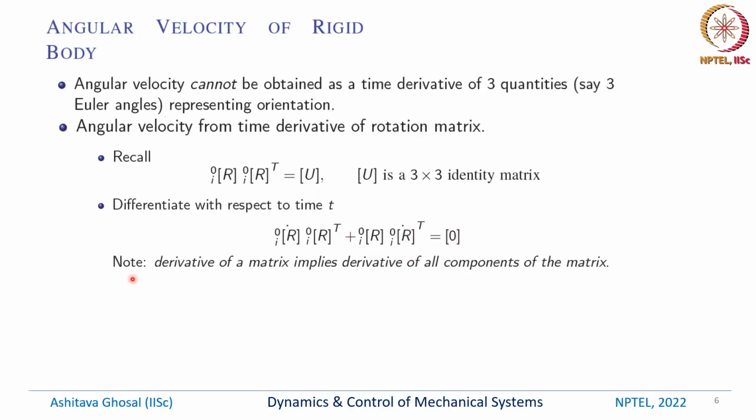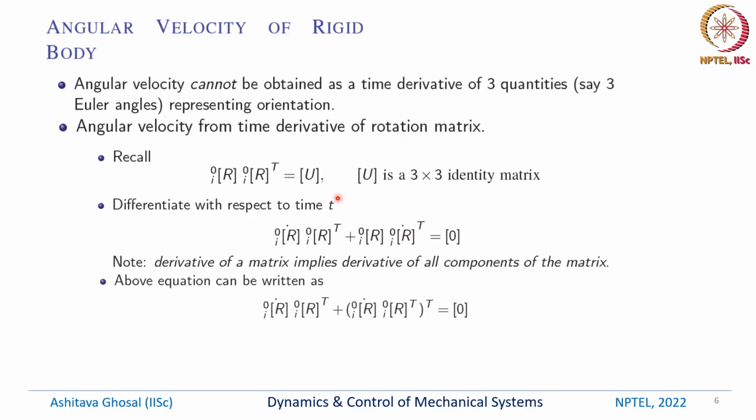We can recall that the derivative of a matrix implies the derivative of all the components of the matrix. R contains R11, R12, R22 and so on, with 9 elements, 9 Rij's. So R dot means the time derivative of each one of those 9 elements in the matrix.